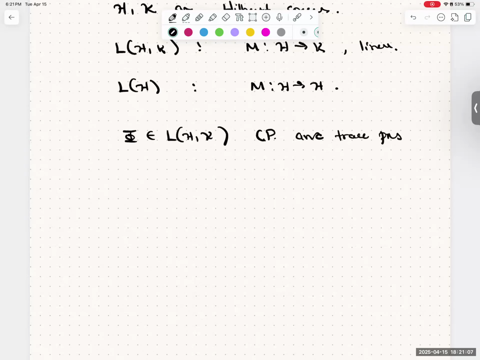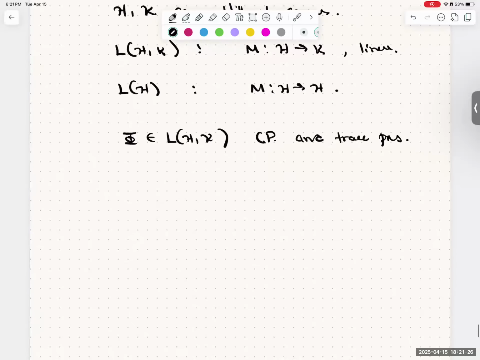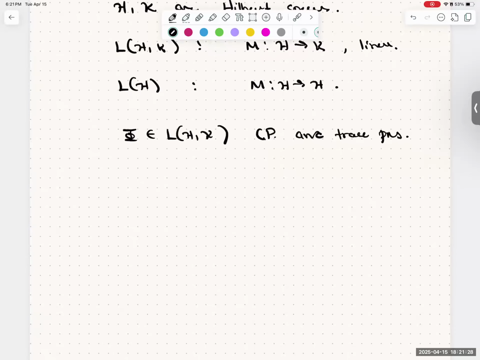I have a question. So your notation here, L of H, K, upstairs stands for linear maps from H to K, and then in the second, I don't know which notation you follow, but is this a map? The phi, is it completely positive? So you mean it's taking L of H to L of K?